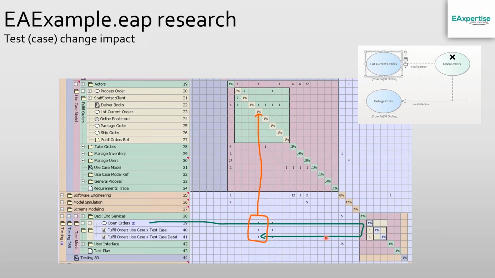And if you go back in the DSM, you will find that these elements are linked to a use case called list current orders. So if you use the test case open orders for checking the list current orders, you know that you have this connection. So you can imagine that you create other test cases that don't have connections to use cases, or that use cases are missing, etc. So here I'm going from bottom to top.